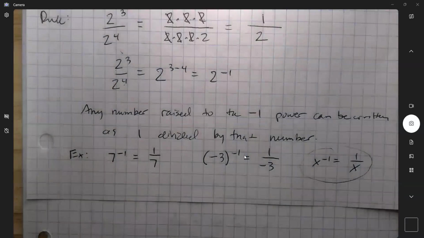Our rules just kind of build on each other because the next rule comes directly out of this. Rule 4.